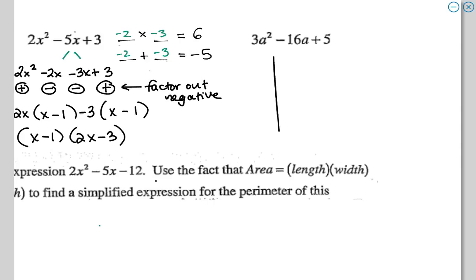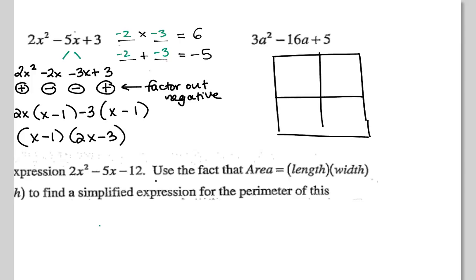Okay, and I'll do the area diagram one more time, just for those that were interested in it. So I know I need 4 terms. That's from the expansion. So the front we keep, and the last we keep. It's only the middle one we break down, right? So something times something is 15. Something plus something is negative 16.